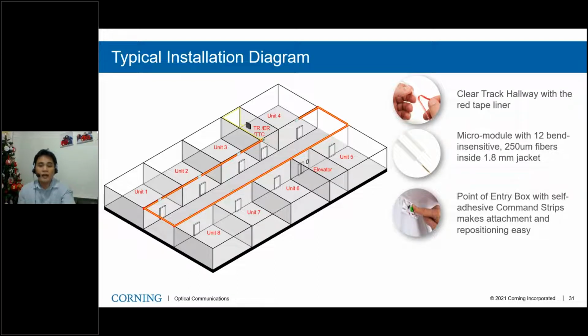Then each unit will have its own point of entry box. Afterwards, we can do the termination, either fusion or field mount connector, from the POE as well as on the fiber distribution panel.